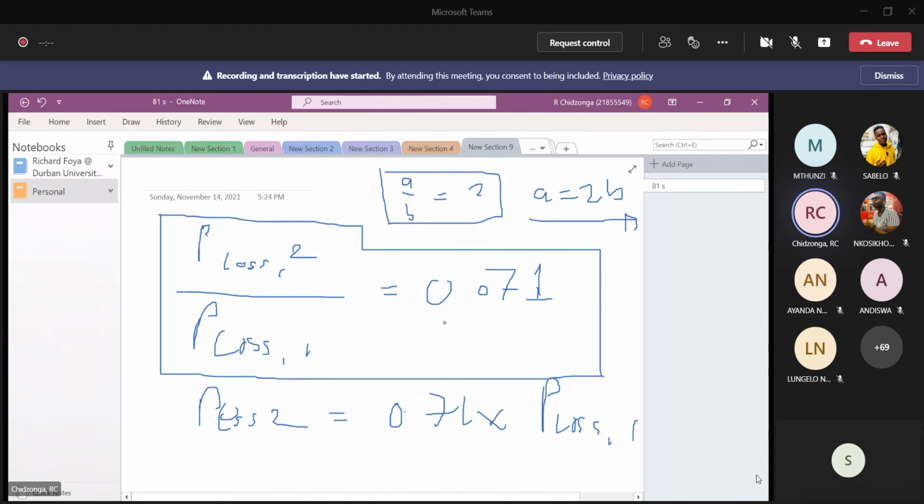So basically, I have covered what I had to do on power factor. Of course, I did not exhaust everything. There are other aspects of power factor which I did not talk about, like economic benefit. If you have to invest in power factor correction, how much does it cost you? Over a certain period, how much are you going to save in terms of the volt ampere reactive that you are going to inject?